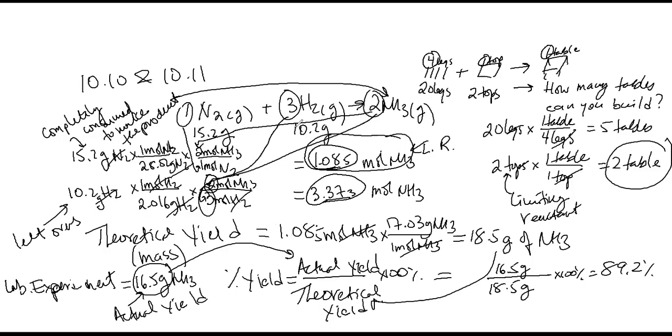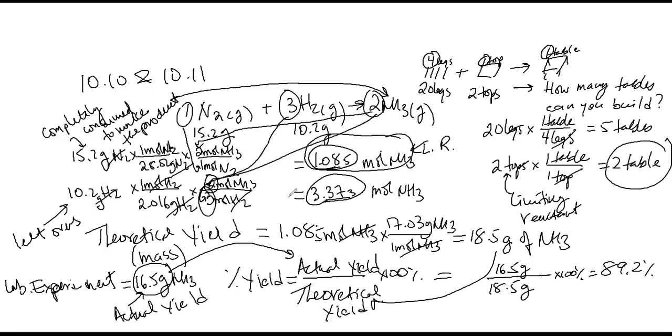And the other one is going to be either not mentioned, which means you have to assume it's in excess, or it will be mentioned that it's an excess reagent. And then all you have to do is handle it the way I handled the calculation of theoretical mass in the previous video. That will be just the theoretical mass yield found for the product based just on the mass of one of the reactants that is given.